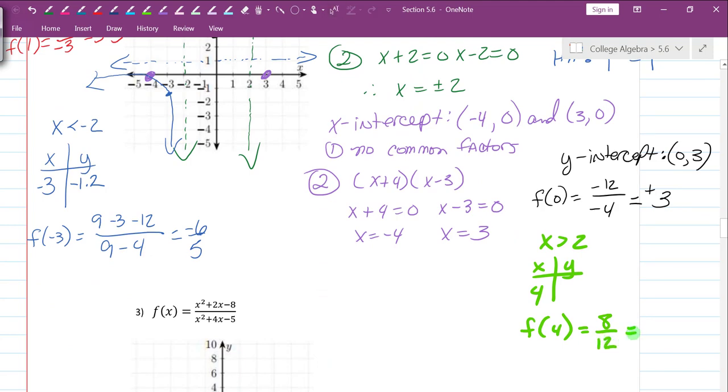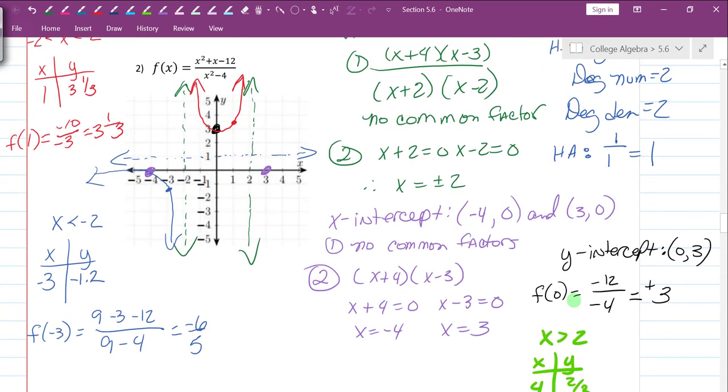So 8 divided by 12. 4 will go into 8 2 times, and 4 will go into 12 3 times. So that is 2/3. So we have the point 4 and 2/3, which is right about here. And so we now know that this is going to be this shape.